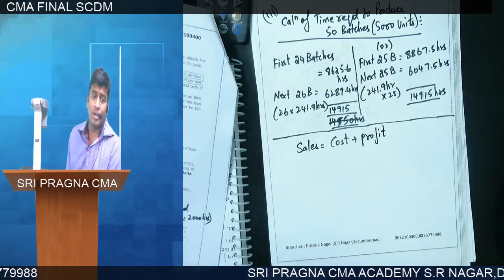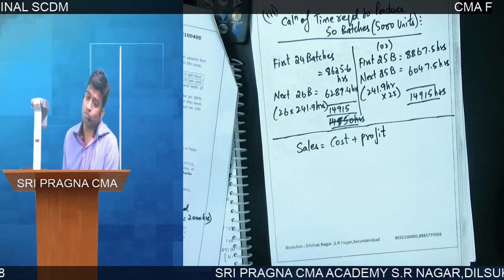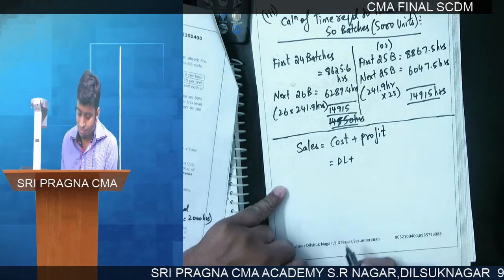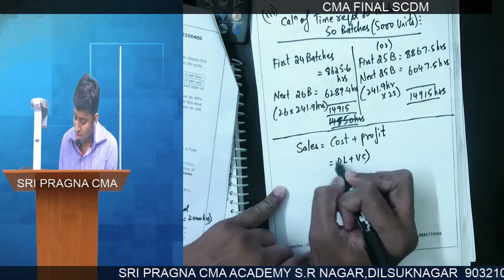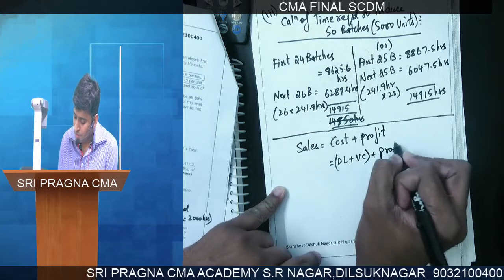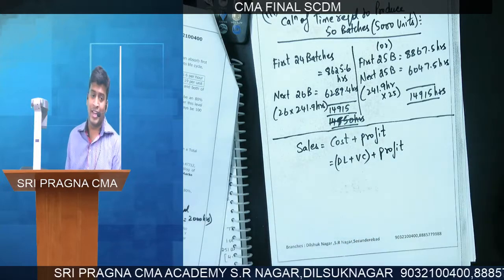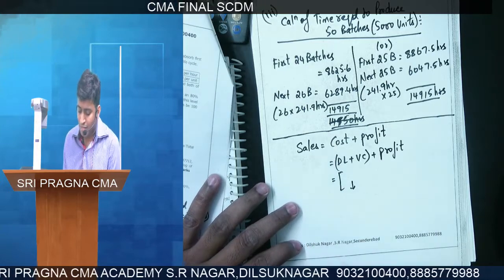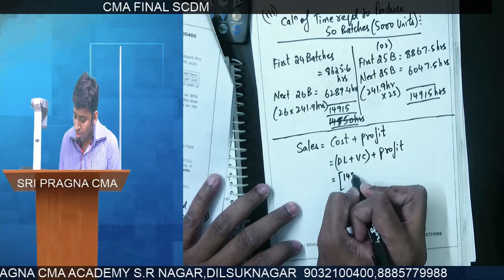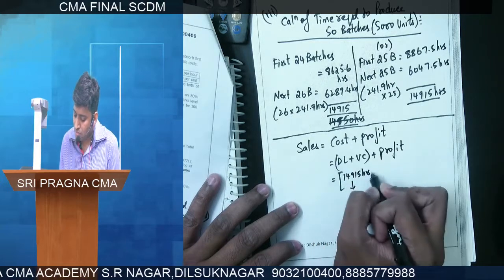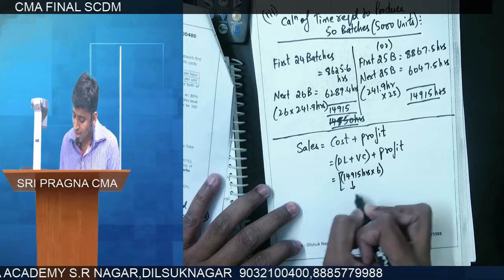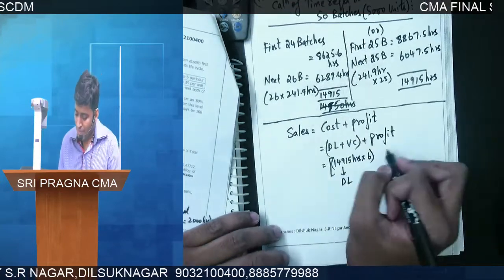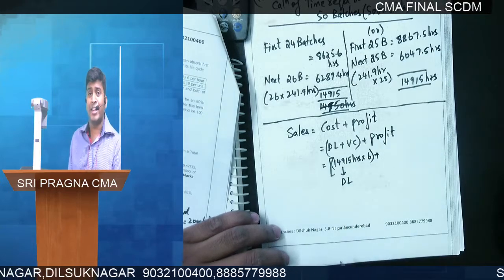In this problem, how many costs has he given? He has given two costs, sir. Direct labour, variable cost, plus what has he given? Profit. Am I clear? Direct labour how much per hour? 14,915 hours into 6. Am I clear with this? Plus what is variable cost per unit?